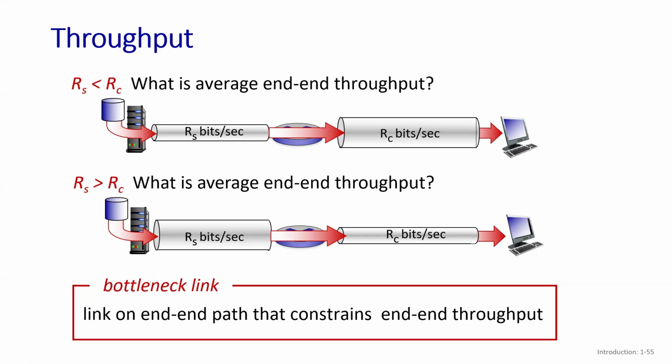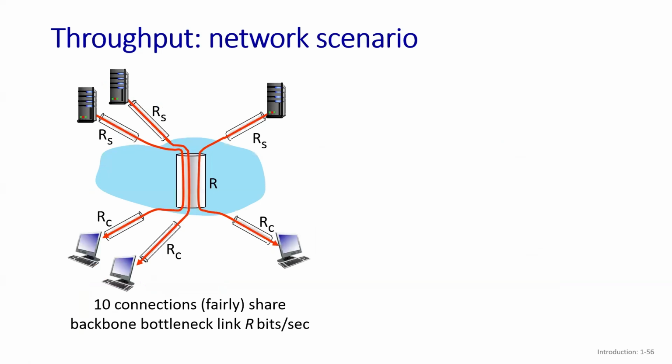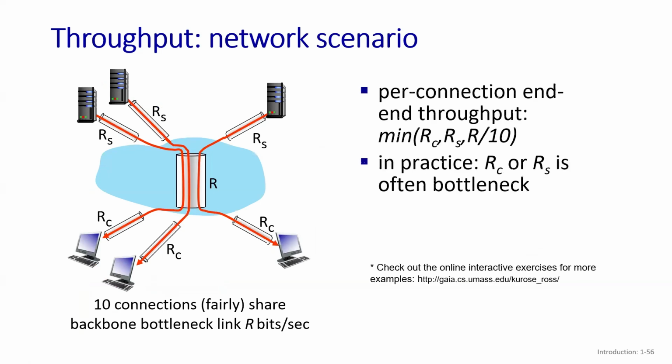Let's have a look at this throughput scenario in which we have 10 servers and 10 clients. The throughput between the server and the backbone is Rs bits per second. The backbone has a transmission rate of R bits per second.